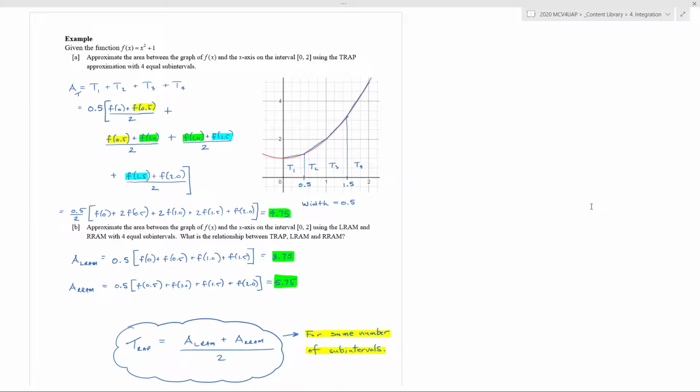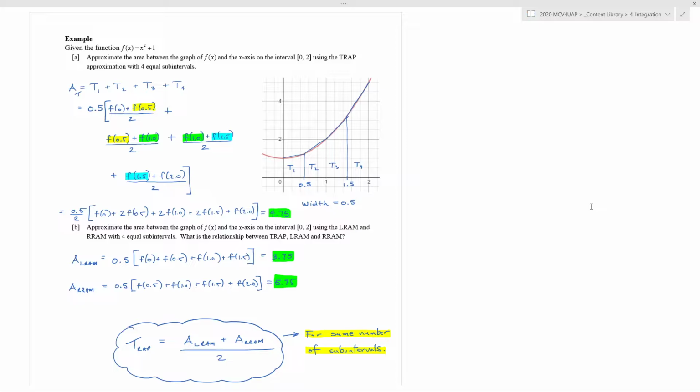Okay, so now part B is saying approximate the area using LRAM and RRAM with the same number of subintervals we used for the trapezoidal approximation. So again, use 4 subintervals. So LRAM would just be, now you're summing rectangles, so it's just the width, which is 0.5.